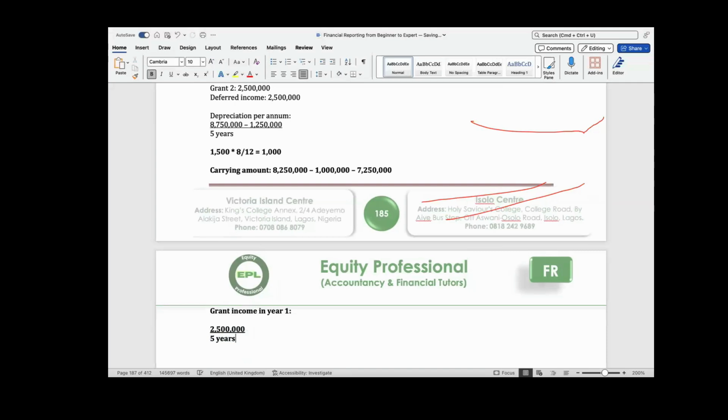Okay, that's logical. Paid how much? 500,000. That was correct? Still, you wrote 1 million there. It's supposed to be 1,000.